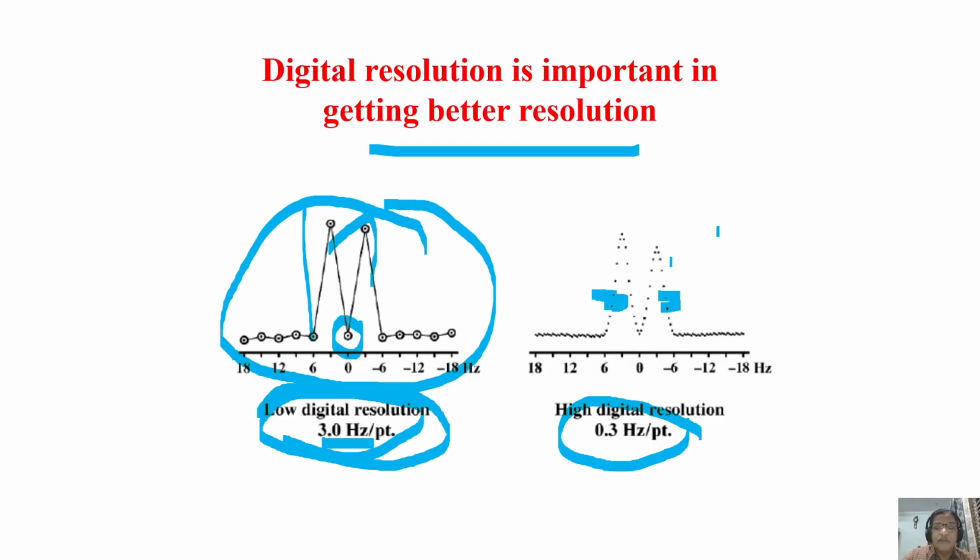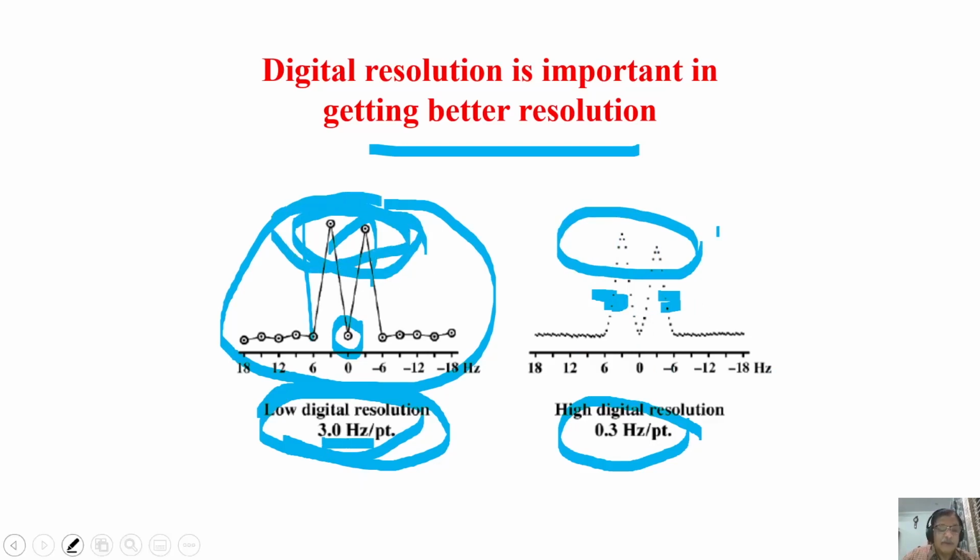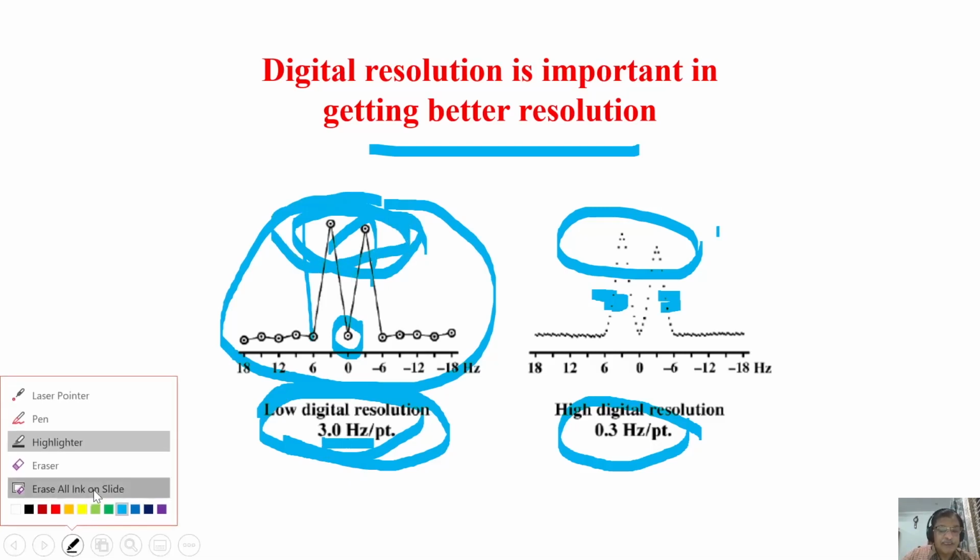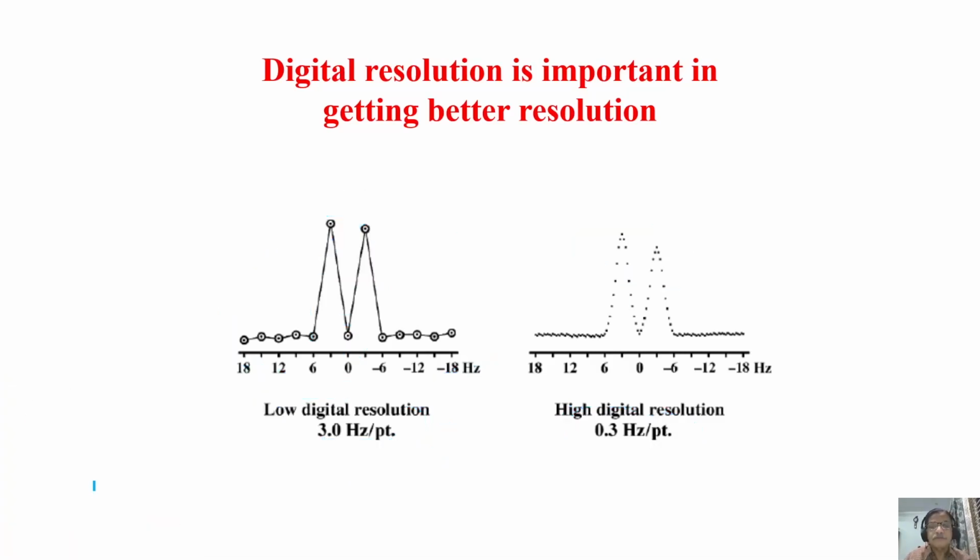Look at the type of spectrum you are going to get. It is better resolved. You can see the resolution. You cannot miss this doublet at all. But in the other case, if you make a mistake or there is slightly more than 3 hertz, you will definitely not be able to see the doublet.